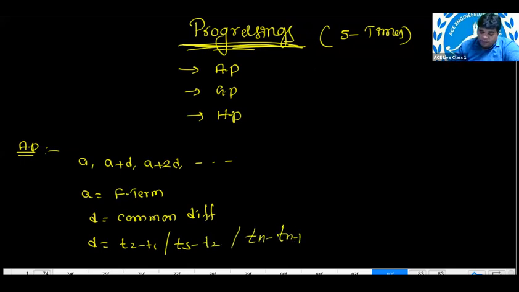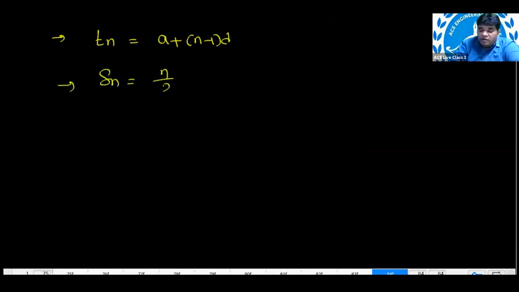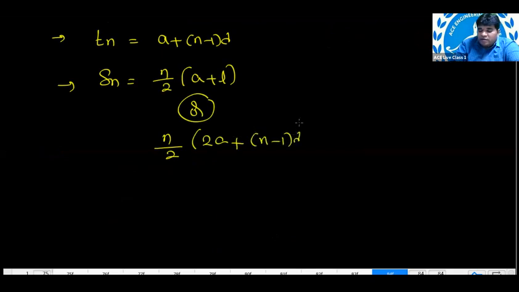Basic concepts. First point, Tn is equal to A plus n minus 1 into D, the nth term in AP. Sn, the sum of n terms, is n by 2 into A plus L, or if the last term is not given, then n by 2 into 2A plus n minus 1 into D.